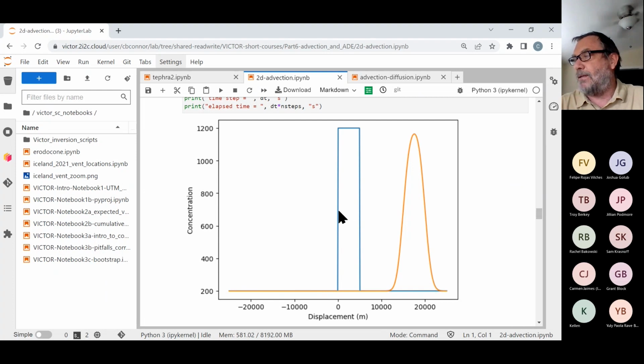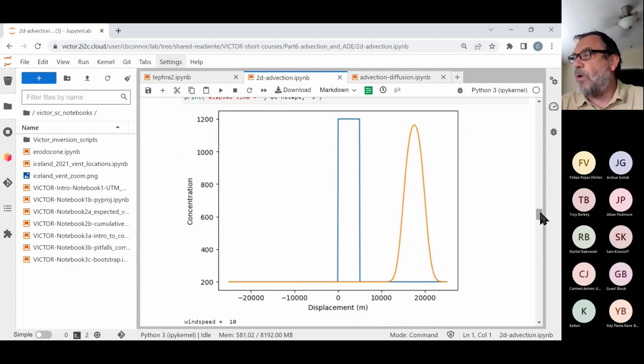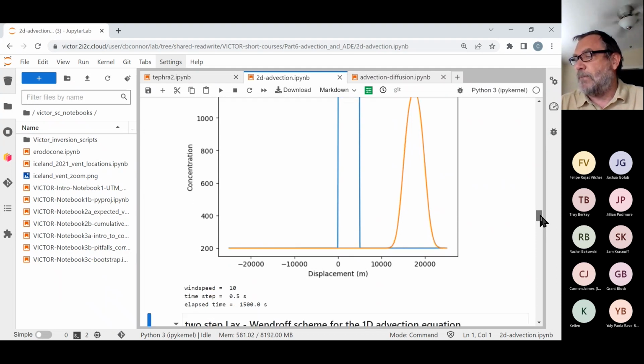I'm saying that the box should be a box over here, but it's numerically diffused a bit as I've solved this expression numerically. And in fact, a lot of people refer to that as numerical diffusion, not surprisingly. And usually people regard it as a bad thing. So if we're looking at a meteorological code or a tephra dispersion code or something like that, we don't want numerical diffusion in the solution.